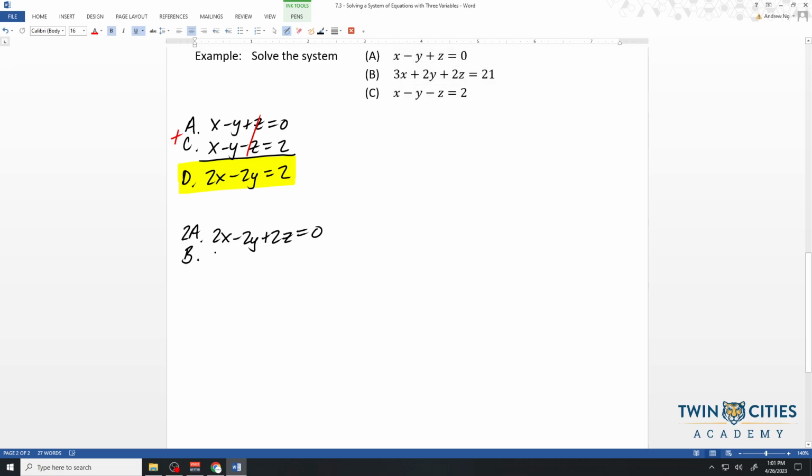And then B will be 3x plus 2y plus 2z equals 21. Now the z's are both positive 2, same sign, so we can subtract.